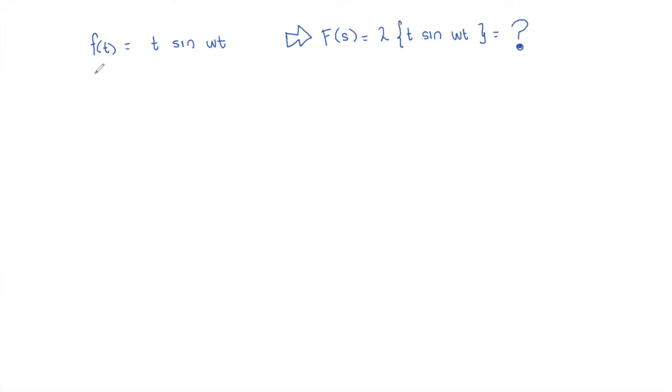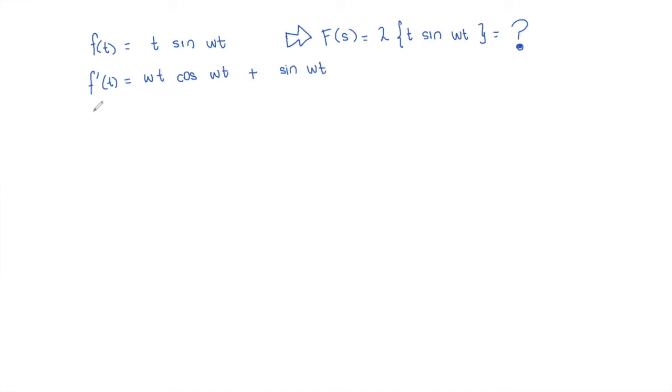So now the derivative of f(t), which is f prime of t, is equivalent to omega t cos omega t plus sine omega t. We basically derive this by using the product rule itself.